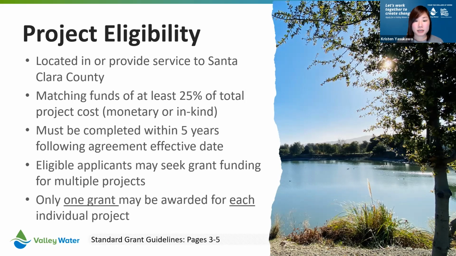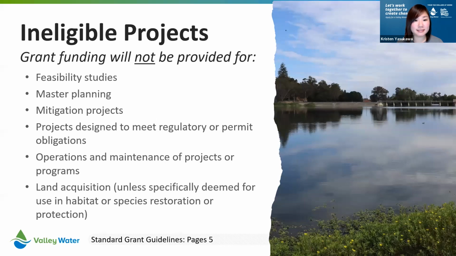That could be in monetary or in-kind contributions. Like I said earlier, all of our projects must be completed within 5 years. Our eligible applicants can seek grant funding for multiple projects. So you won't be docked if you submit 5 applications, but you can only get 1 grant awarded for each individual project. All right, next slide.